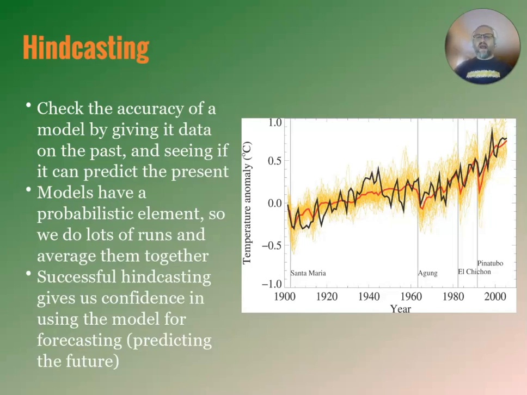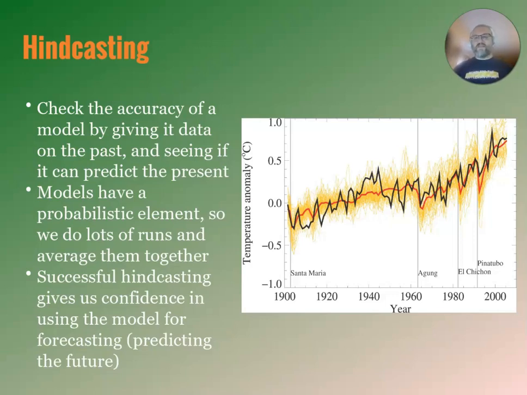The red is our average from, I think, 100 model runs of trying to see if we can predict the climate over the course of the 20th century into the beginning of the 21st. The black line represents our actual observations. Now, I should say this is all temperature anomalies that you're seeing on this graph.